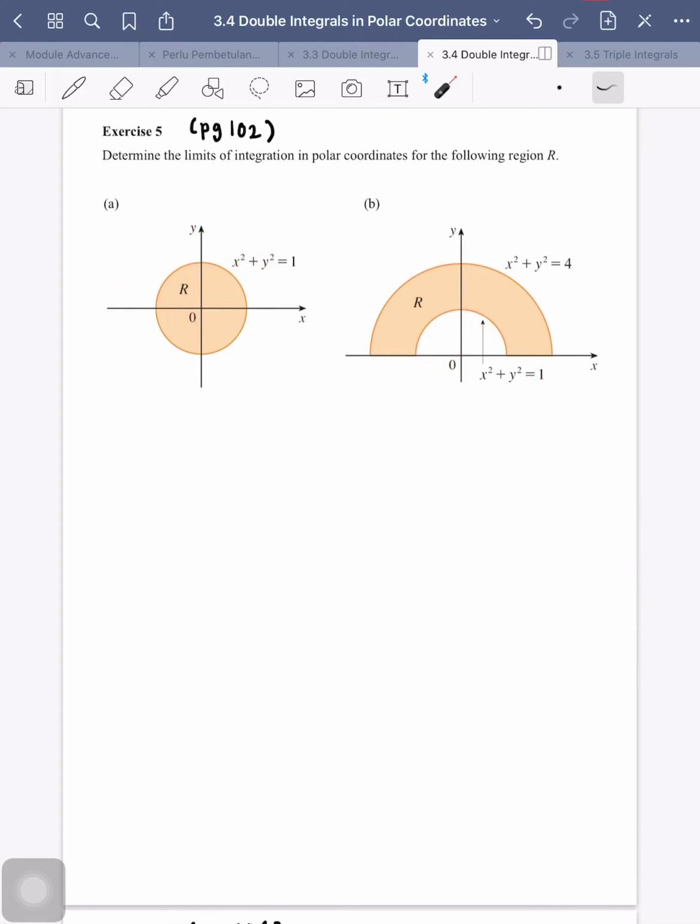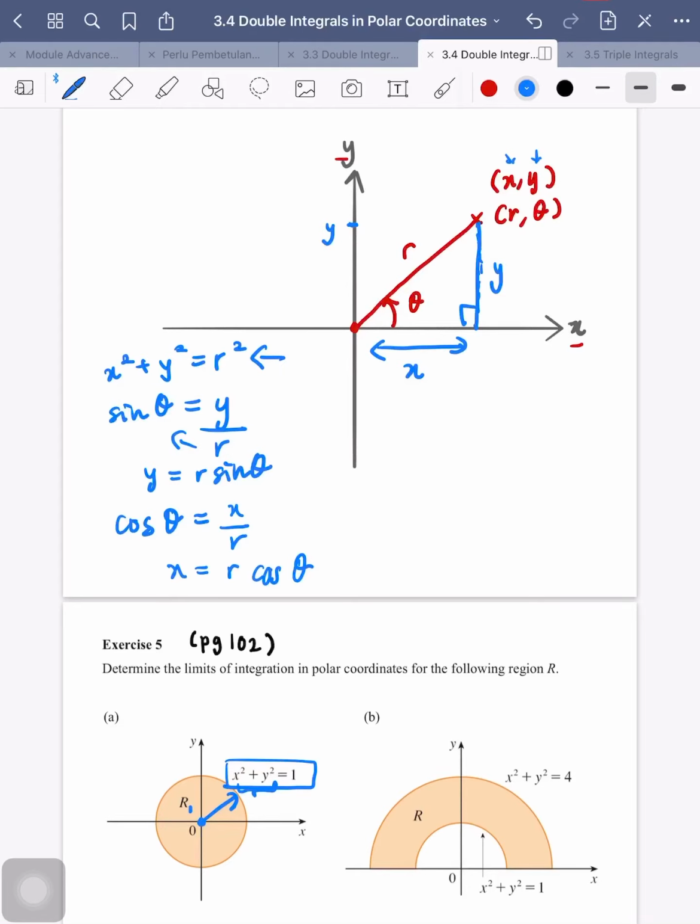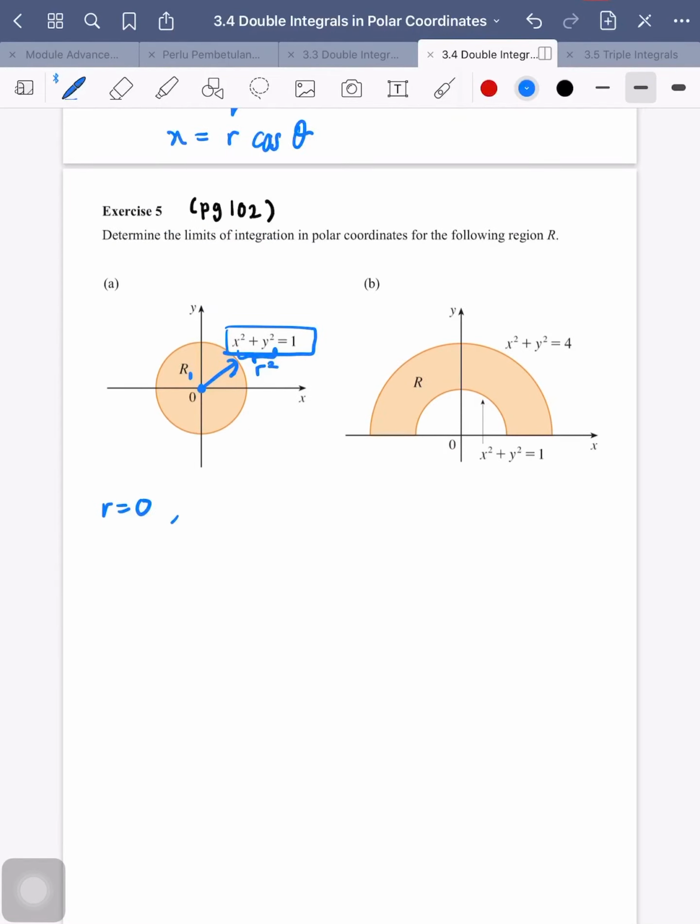Let's try the first example, which I call region 1. From the inside, I see r equals 0, which is no distance, starting at the pole. On the outside, we have this equation. Just change it to polar: x squared plus y squared is equal to r squared, so r squared is equal to 1, and r equals plus or minus 1.